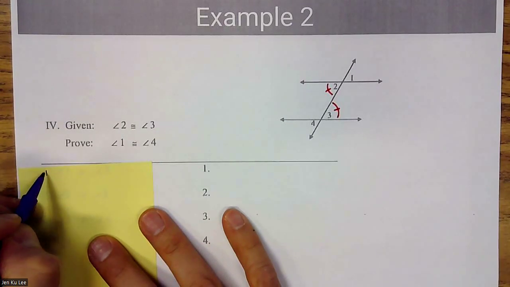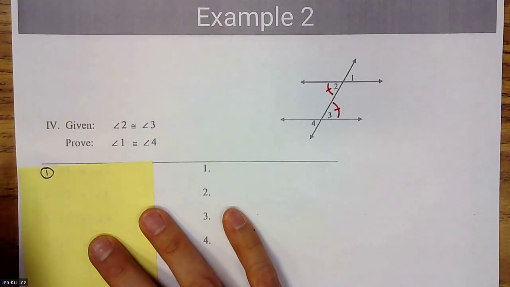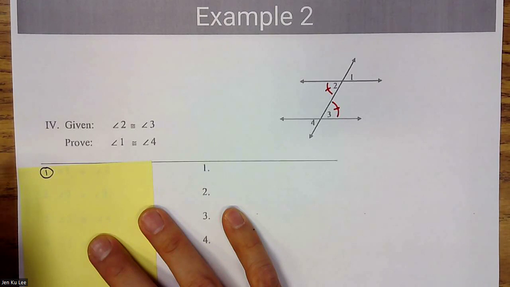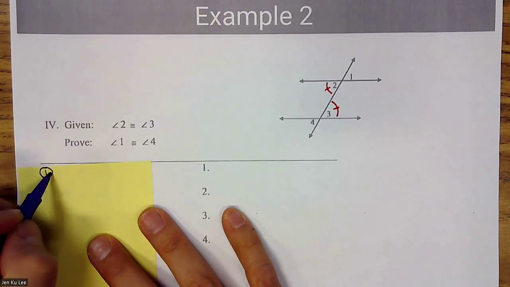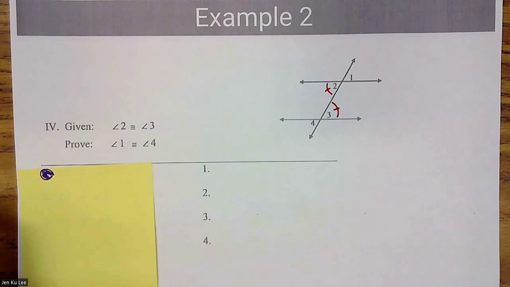In a proof class, your first step, 99.9% of the time, is going to be the given step, the given statement, okay? Actually, let's just write it out.